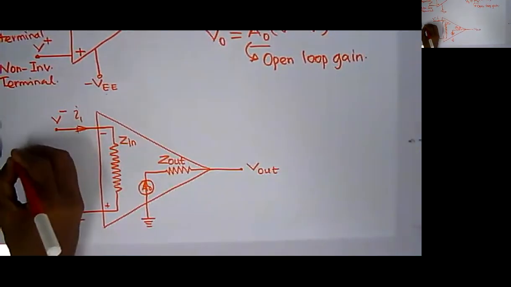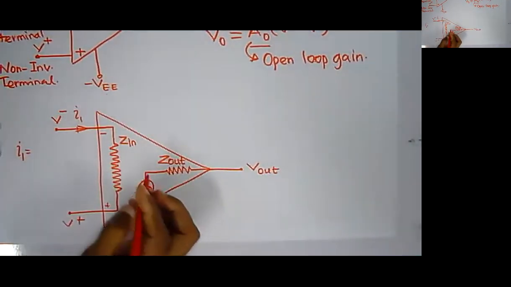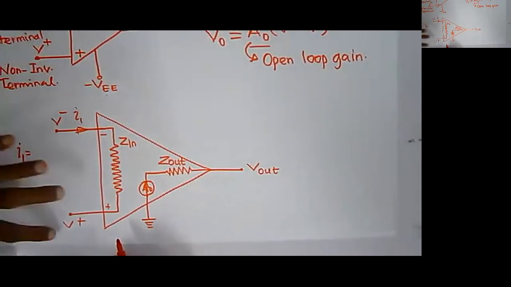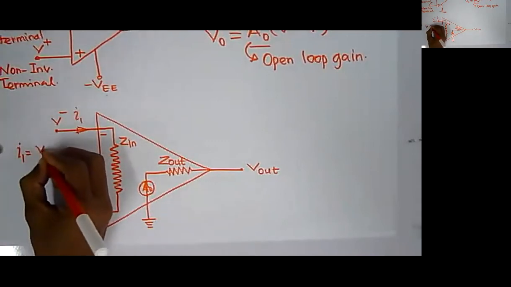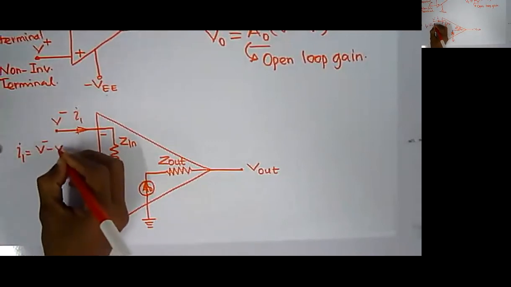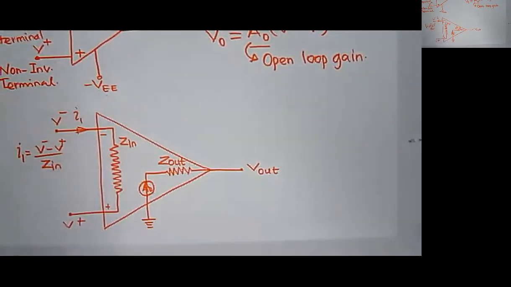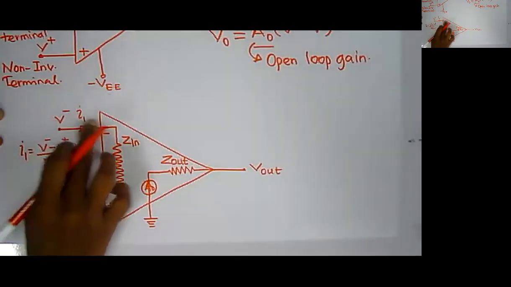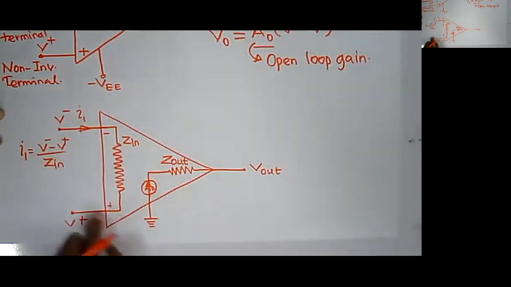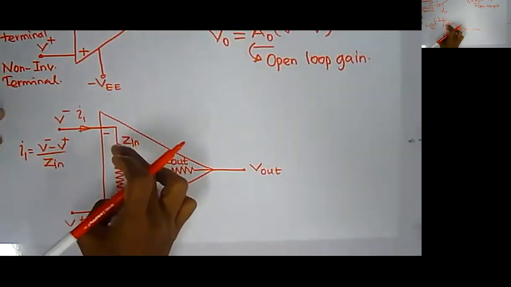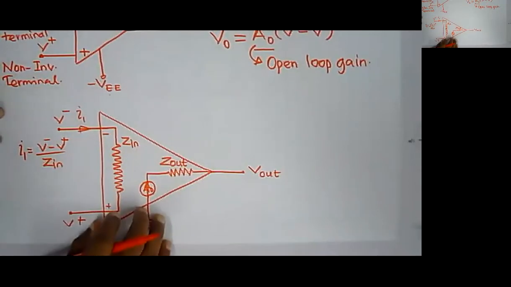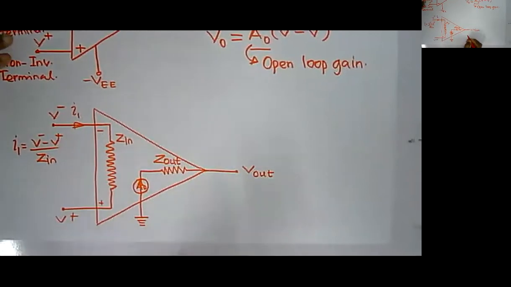I can write I1 equals V minus minus V plus divided by Z in. So there will be a very small current, because practically Z in will be much higher.